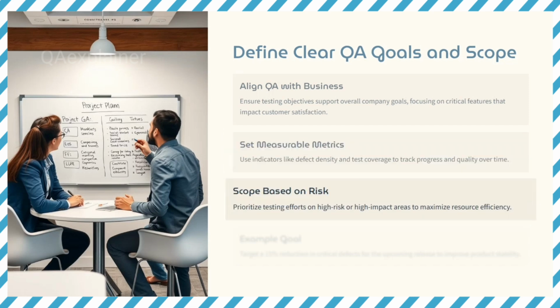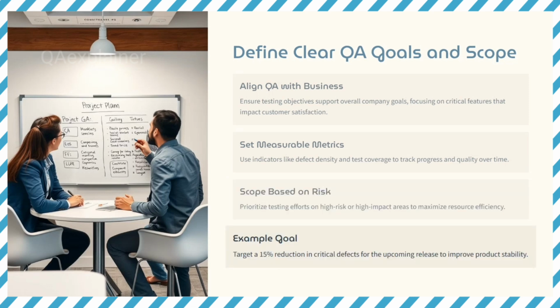Another is scope based on risk. We have to prioritize the testing effort for high risk or high impact areas so we can utilize resources with maximum efficiency. Then some example goals: a minimum 15% reduction in critical defects is needed for the upcoming release.